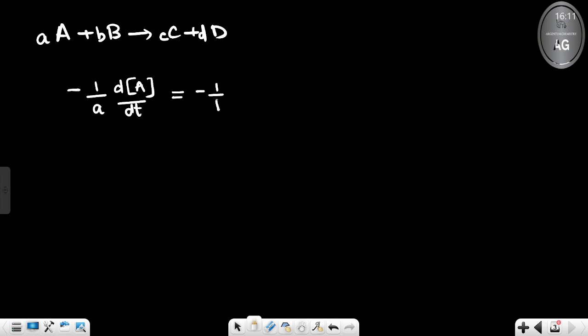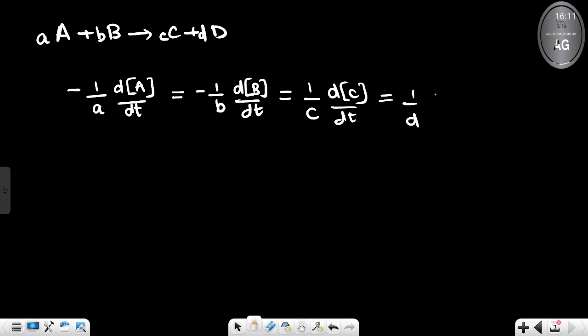Minus 1 by b, dB by dt. Equal to, since this is a product, I will write plus 1 by c, dC by dt, equal to 1 by d, dD by dt. Clear? Understood? If you want to write it in the form of delta, simply replace d by delta.